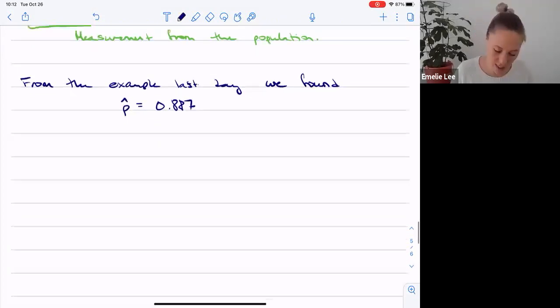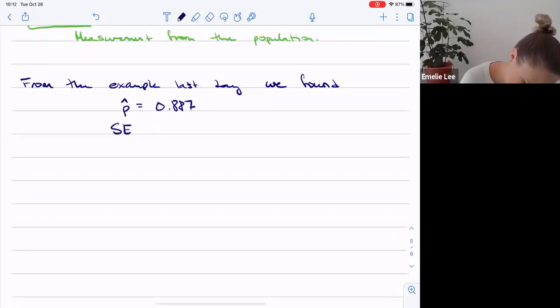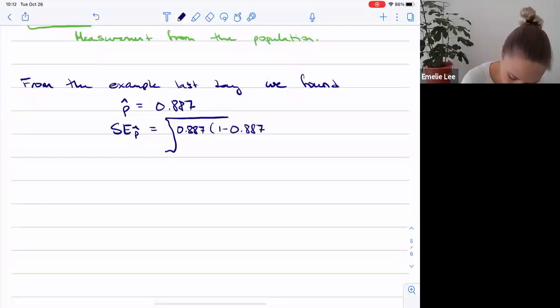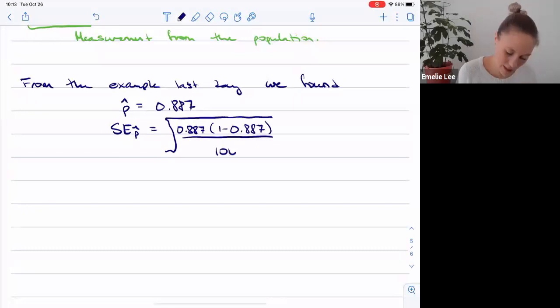And we also said that the standard error of P hat is the square root of 0.887 times 1 minus 0.887, over, I think it was 1,000.